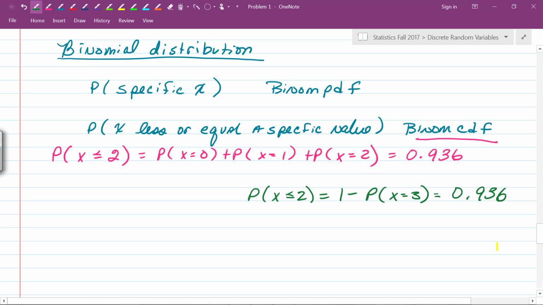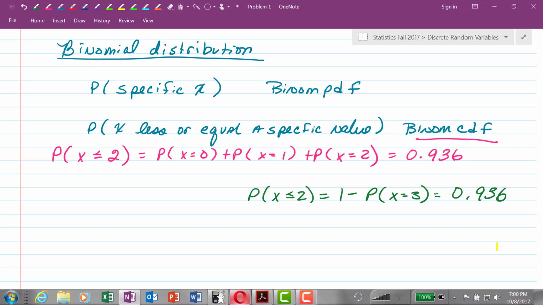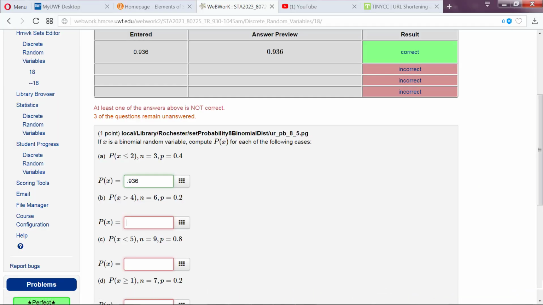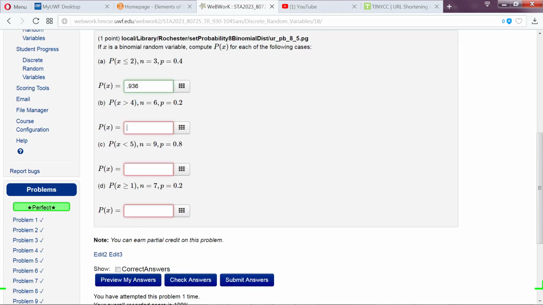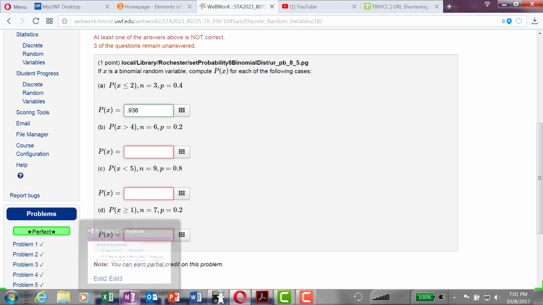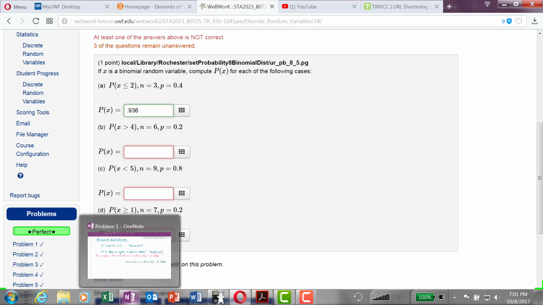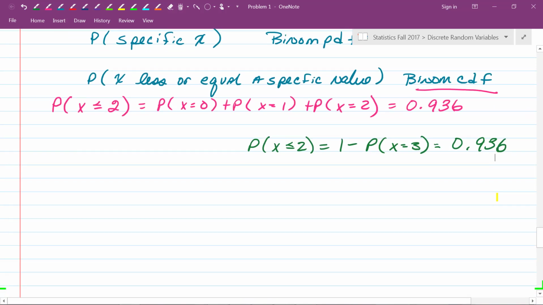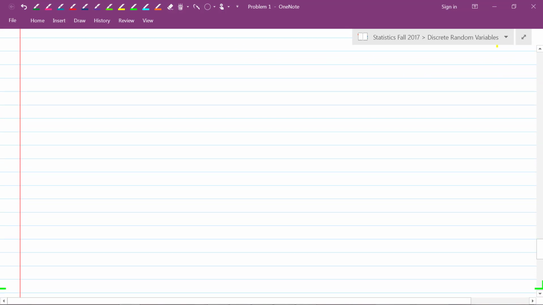All right, let's move on to the rest of the problem and we'll solve it quickly. So it says right here, what's the probability that x is greater than 4, where n is equal to 6 and p is equal to 0.2? So I'm going to use the tables to solve this one. So we have x is greater than 4, n is 6 and 0.2. So let me come over here. So we say that n is equal to 6.